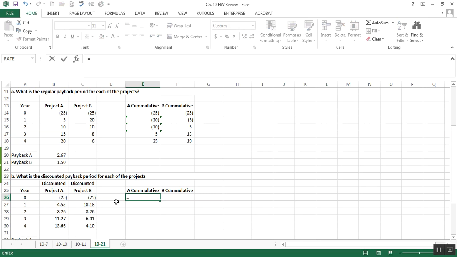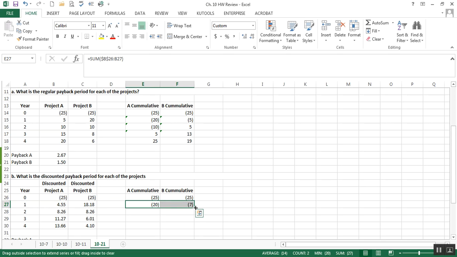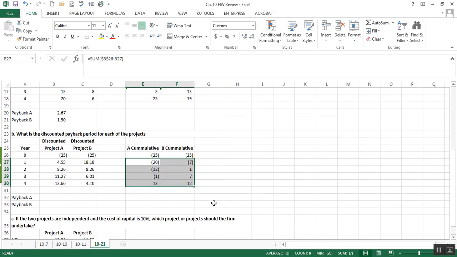And then we'll do the same thing to calculate the cumulatives. I'm going to go quickly here since we've already done it. And then I can just copy these formulas down to get my remaining cumulatives.